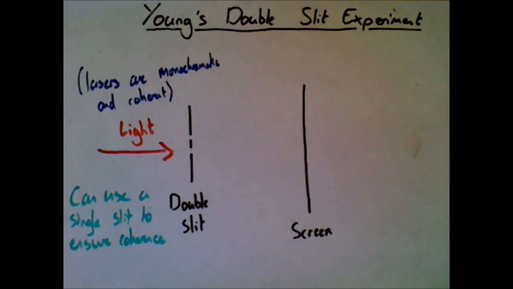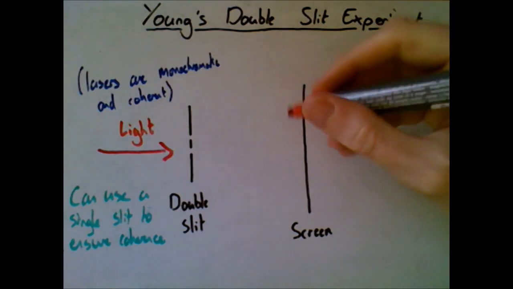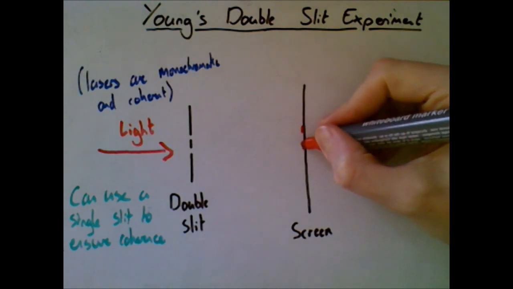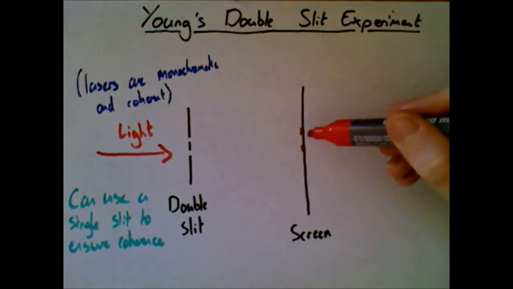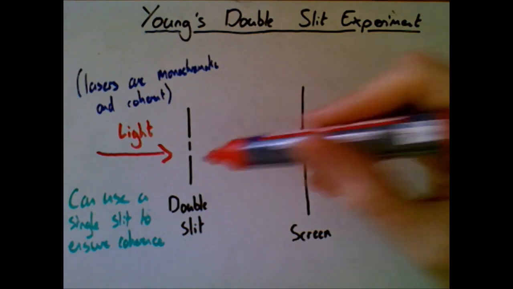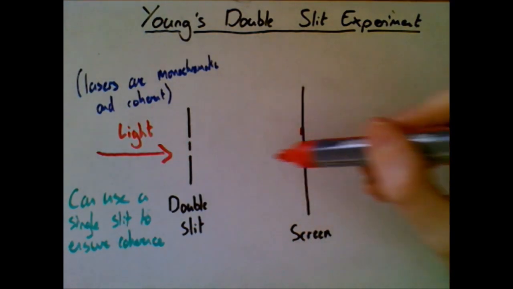Now, let's think about what you would expect to see. Well, your average person, if you ask them, well, what will we see if we do this, would say to you, well, you'd see a blob there and a blob there. You'd see two blobs of light on the screen because one through one slit, one through the other slit.